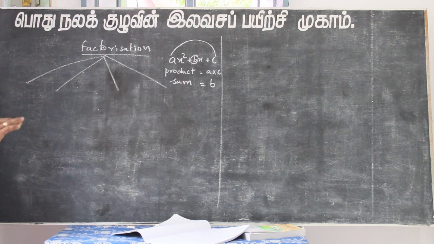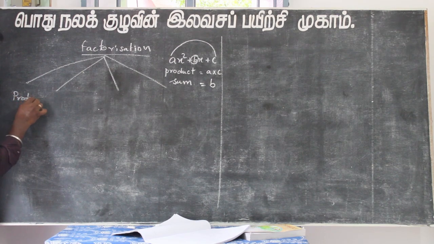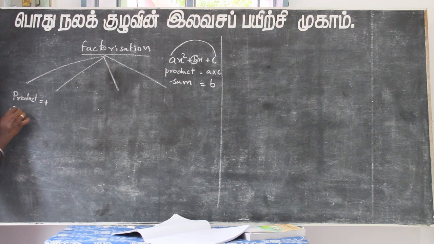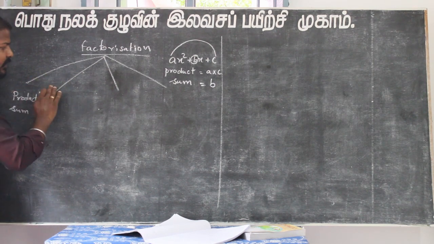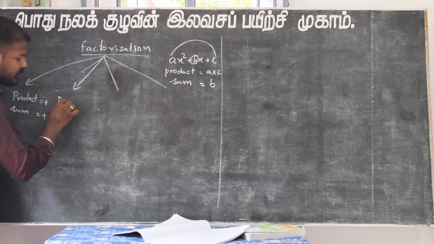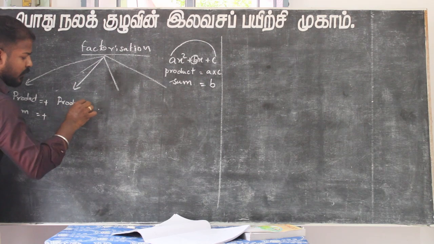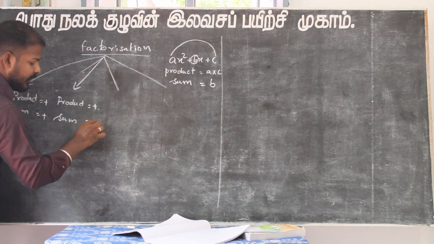So 4 cases will come. What are the 4 cases? First case, your product is positive and the sum is also positive. Second case, your product is positive and your sum is negative.